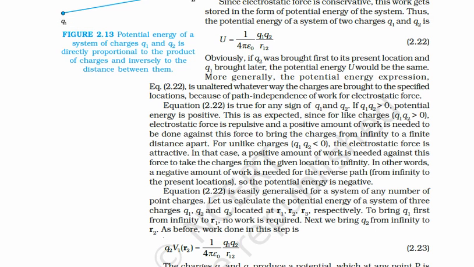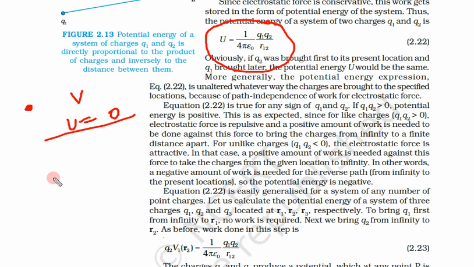So the work done will be stored as potential energy. Simply, for the first charge there is no potential energy. If there was no charge present, the potential due to this charge was V, but there was no potential energy because work done was 0.